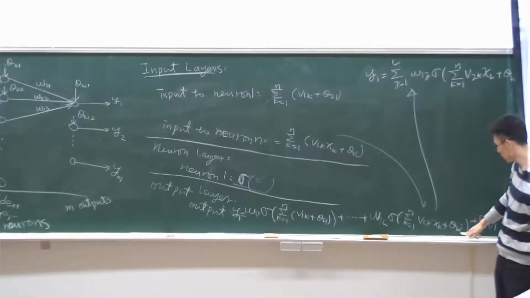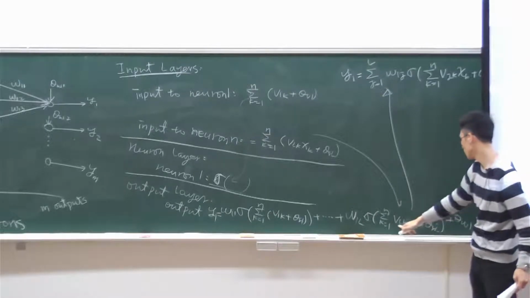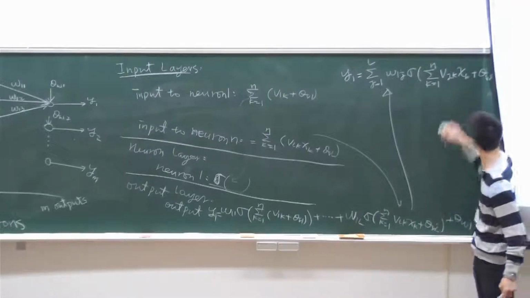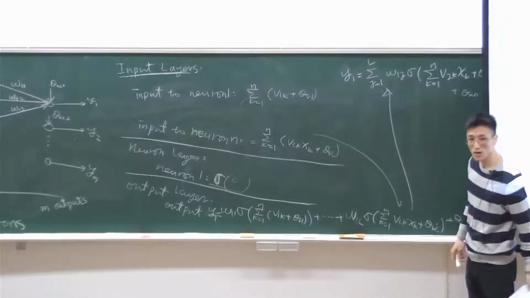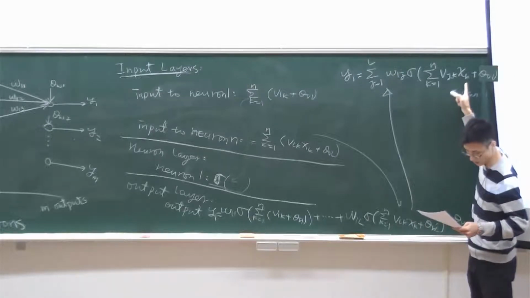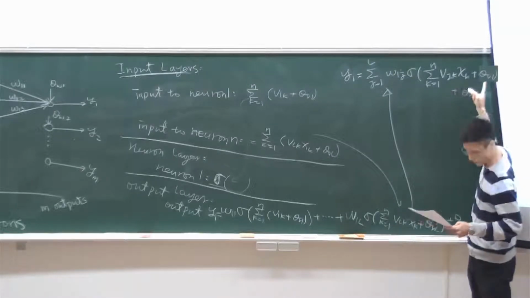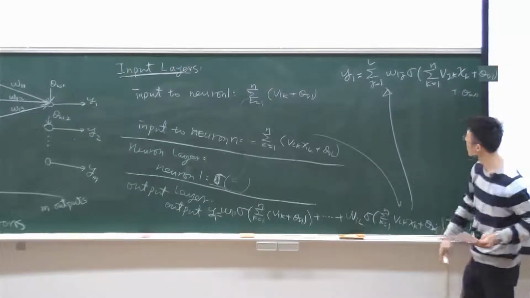You just replace j by l. Replace a by j, l by j, here and here, and plus theta w1. Okay? v_j x_k.